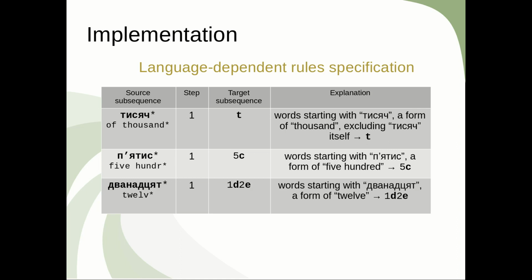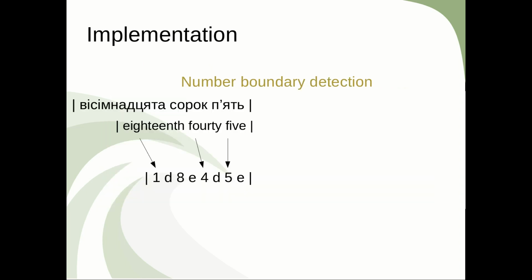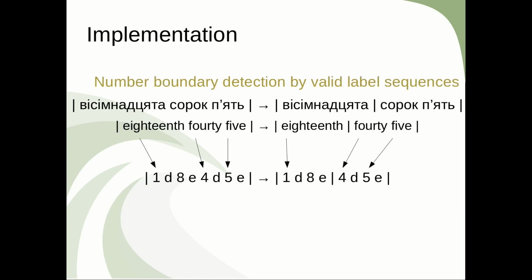Another example is for the word 500, which is mapped to digit and label, and 12 is mapped to a pair of digit and label. So now we can detect the number boundaries.